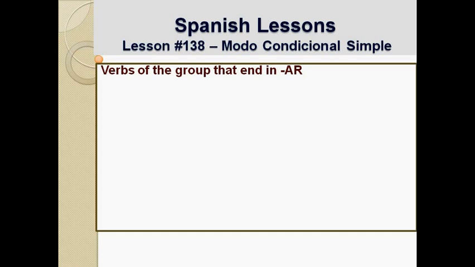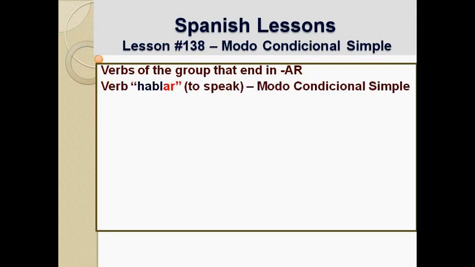This is the biggest group, and it's also the group that has fewer irregular verbs. Let's use the regular verb hablar from the first group. Hablar, or to speak. Example of modo condicional simple: yo hablaría, I would speak.